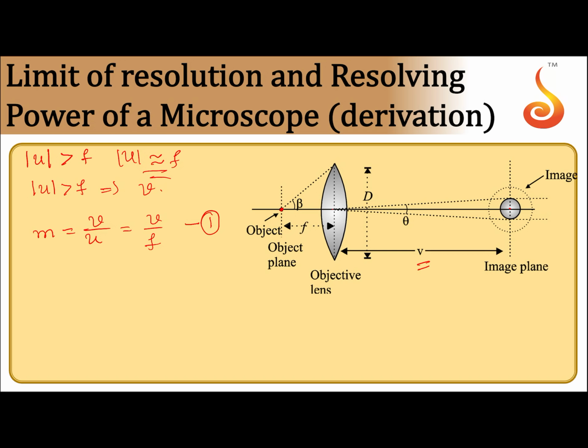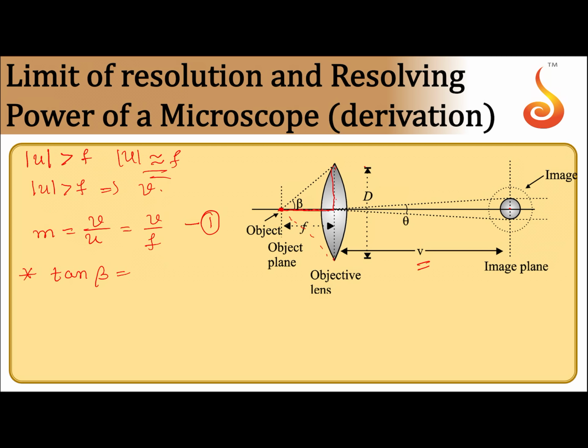Now, let us say this lens forms an angle beta at the object. This is what we call semi-vertical angle. If you take this entire angle, this is vertical angle, half of that is the semi-vertical angle. Now, from this diagram, if I take tan of this angle beta, semi-vertical angle, it should be opposite side divided by adjacent.